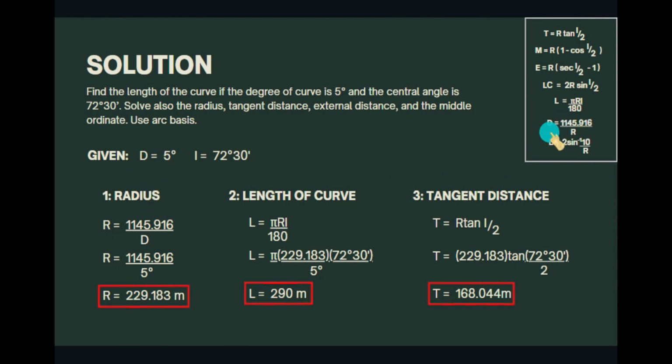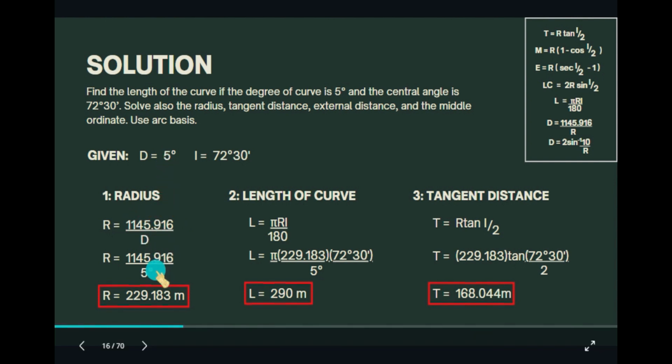We can use this formula right here. D is equal to 1145.916 over R. So you can just cross multiply and get the formula of R = 1145.916 over D. We can just substitute directly.